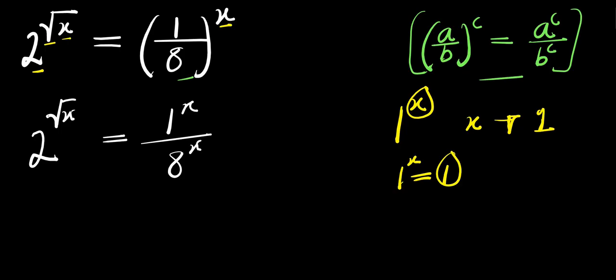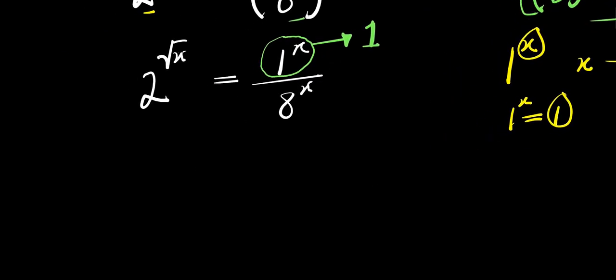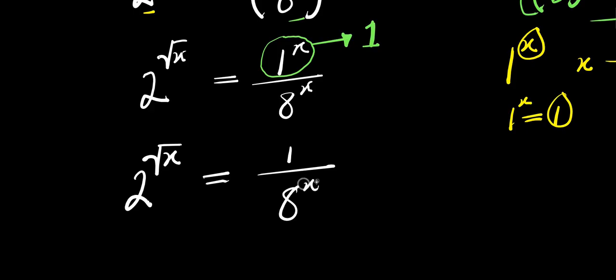That means we are going to replace this 1 power x with 1. So right now, we are going to have 2 power square root of x equals 1 divided by 8 power x.